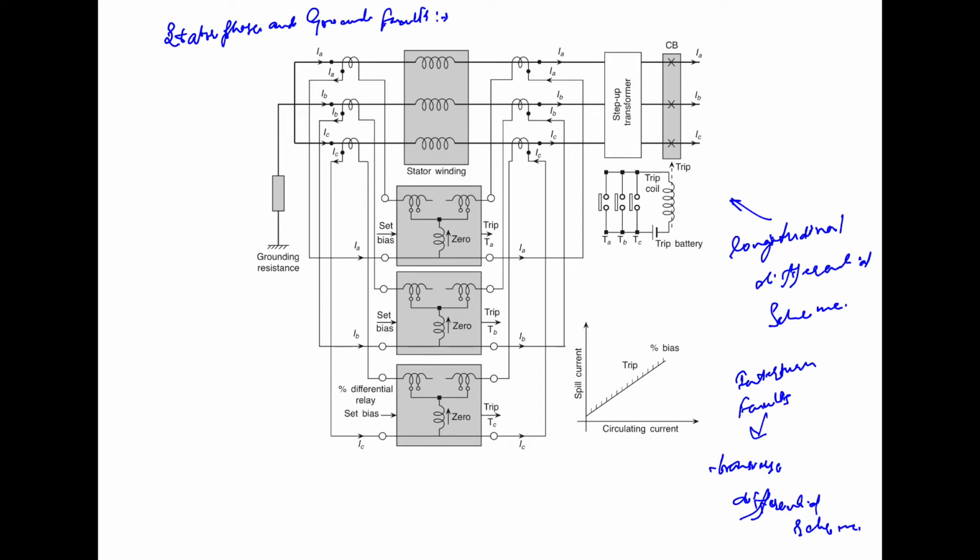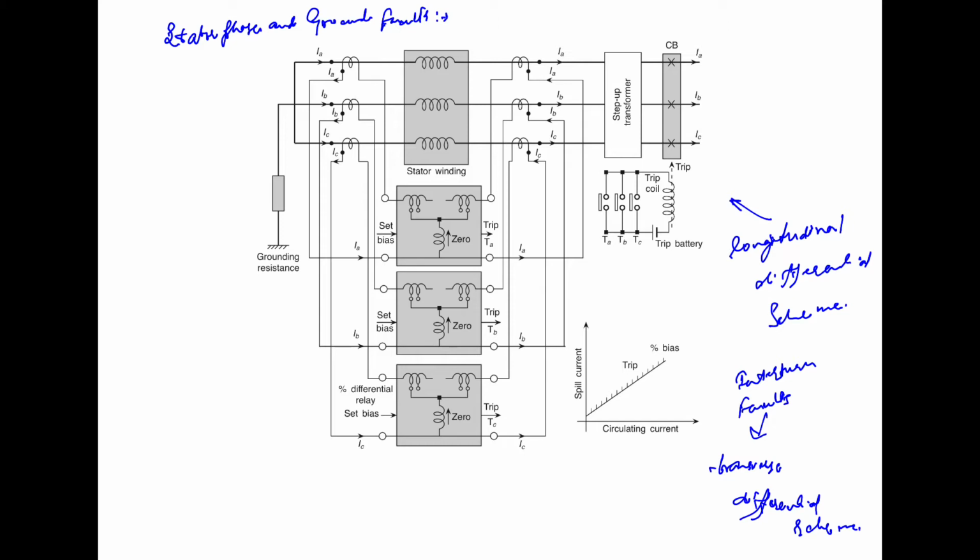Now, as you have studied in detail about differential protection, we have discussed the differential protection of the transformer previously, and there is a difference between that and the generator. In the transformer there is a voltage difference, and another thing is the tap changer present in it.